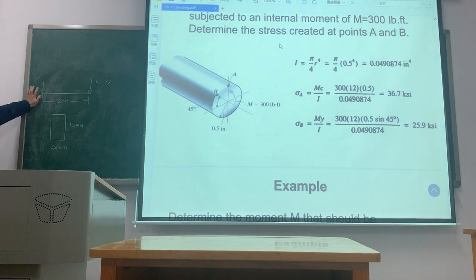Here is a cantilever beam with a rectangular cross section, and this is the dimension of the cross section of the beam.